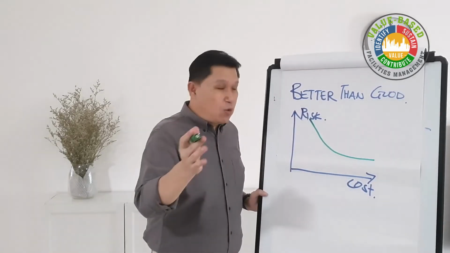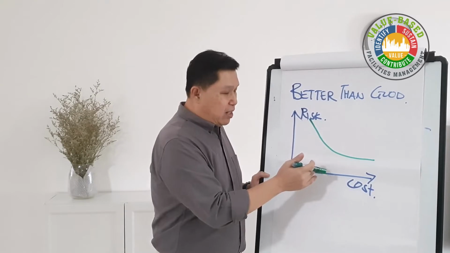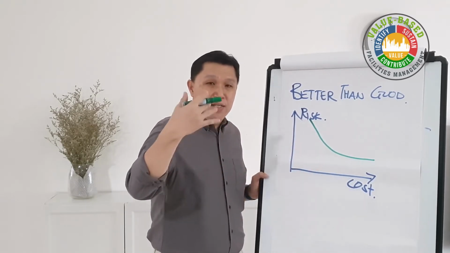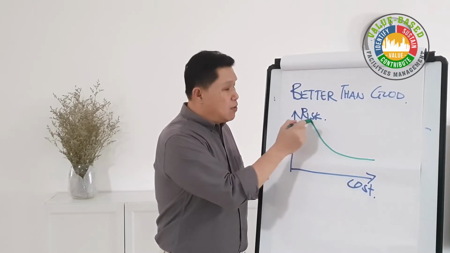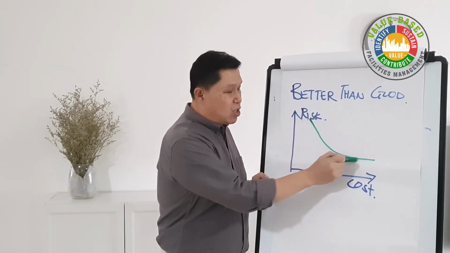Let me interpret this graph. It means that over time you have been spending cost for the purpose of reducing the risk.